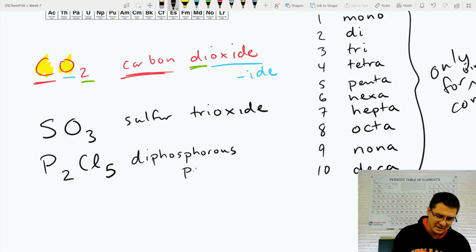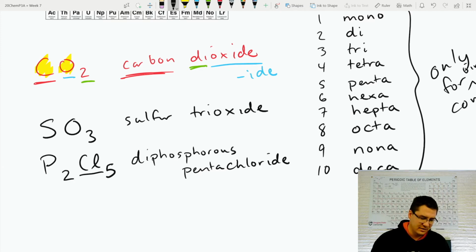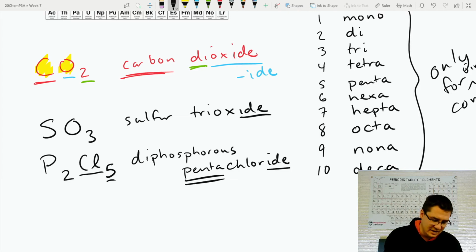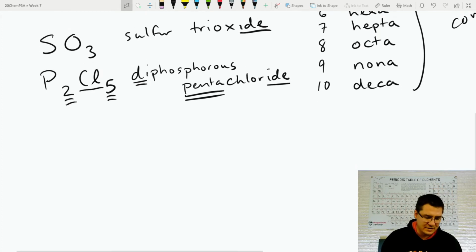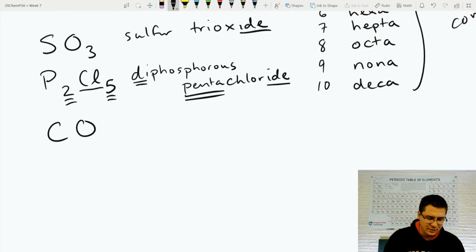And then pentachloride. Okay, and chlorine, right, is Cl. So I modify the second element to end in ide. So chlorine becomes chloride, right? These all have the same prefix. This tells me that they're binary covalent. Okay, and then I use the prefix penta to represent the 5 and the prefix di to represent the 2. Okay, so diphosphorus pentachloride.